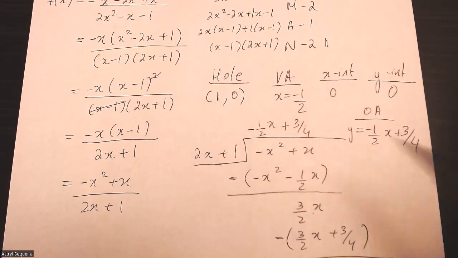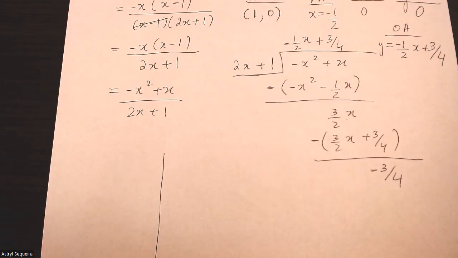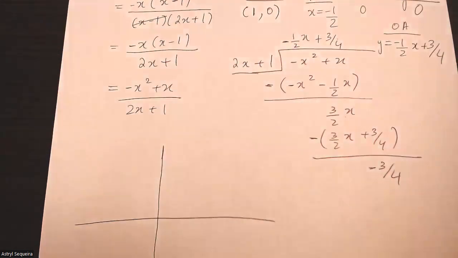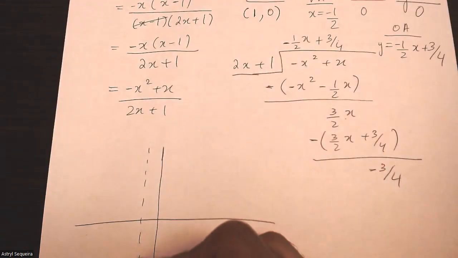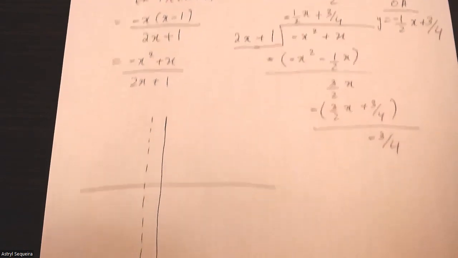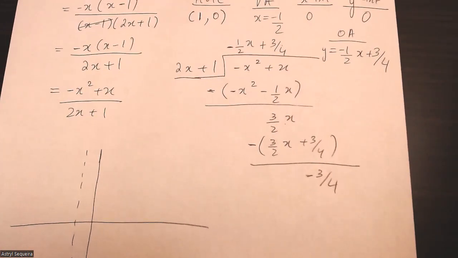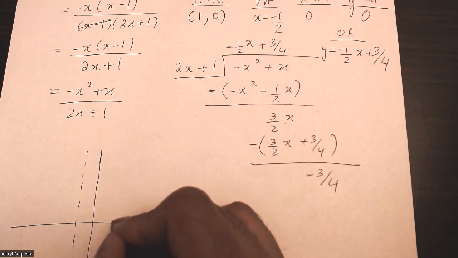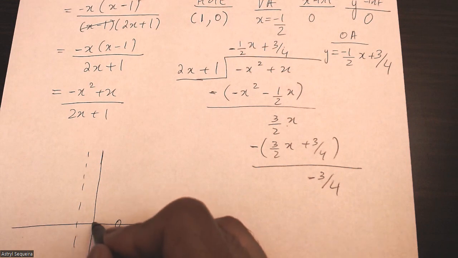Now with this information, I can do my sketch. The vertical asymptote is at x equals negative 1 over 2. Put my hole first, at 1 and 0. My x-intercept is at 0 and 0.